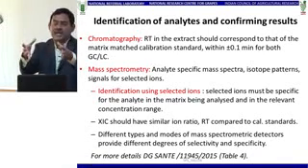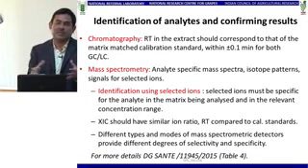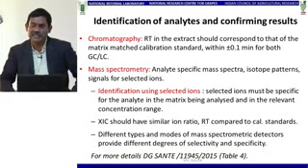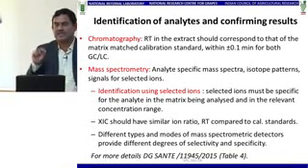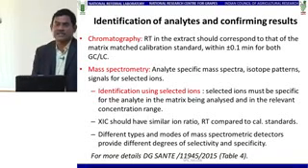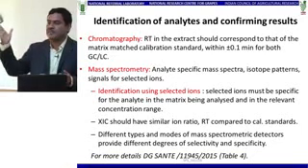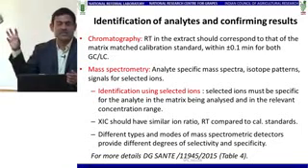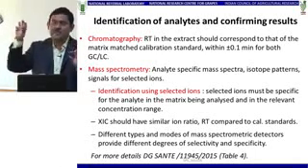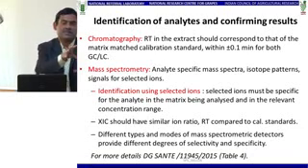Otherwise, if too many compounds reach the mass spec ion source at a time, there will always be certain problems. And for mass spectrometric identification, any regulation tells you one thing: it should be based on characteristic mass spectral information. Every molecule has a characteristic mass spectrum, with certain masses very selective for that molecule. You should qualify that these are the specific masses selective for the molecule, and based on that, justify your identification.